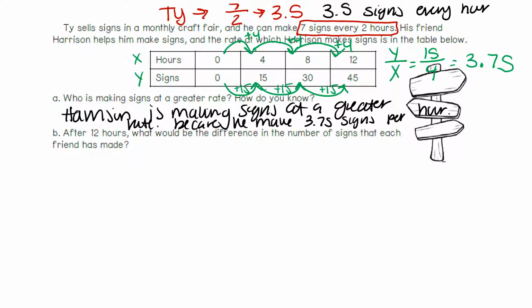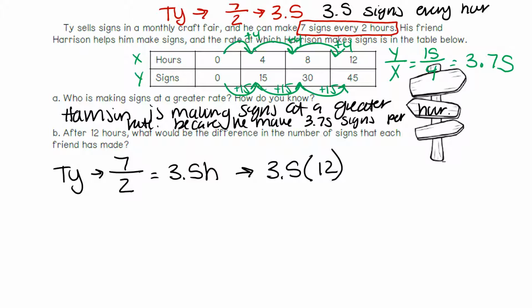It says after 12 hours, what would be the difference in the number of signs that each friend has made? So for Ty, he's making 7 signs every 2 hours, or like we said, 3.5 signs an hour. So I can multiply 3.5 times my 12 hours, and we get 42.